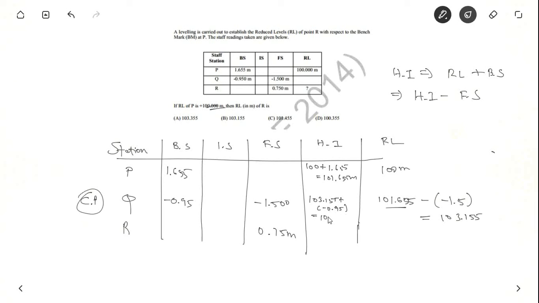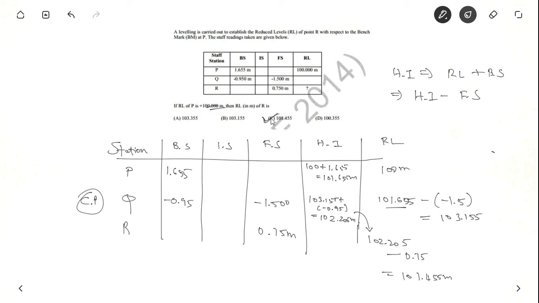If you solve this, you will get 102.205 meters. Now what is the reduced level at R? It is height of instrument minus foresight. So this height of instrument is 102.205 minus 0.75. If you solve this, you will get the answer as 101.455 meters. So this is the reduced level at R.